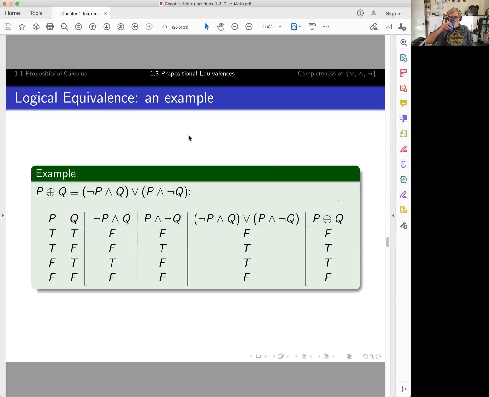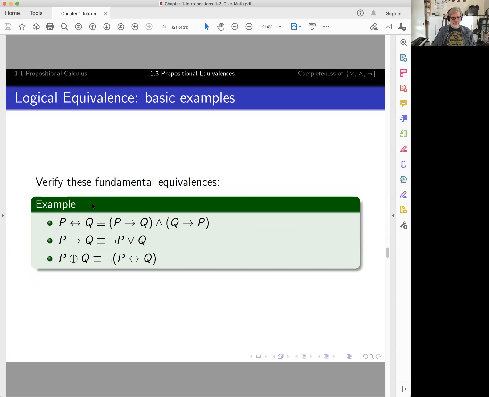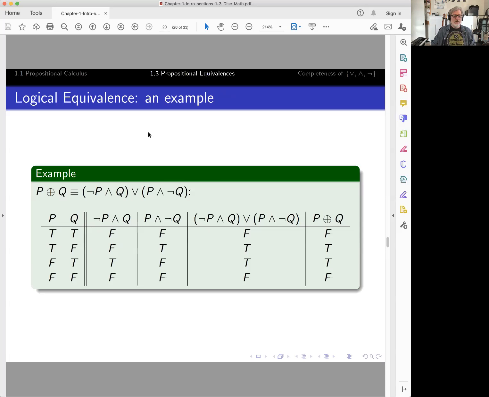So this illustrates one of the things that I was telling you. You see this expression here, P XOR Q. This is something we defined earlier, right? We defined P XOR Q as the exclusive OR, which you see in the last column. This is how we defined it.